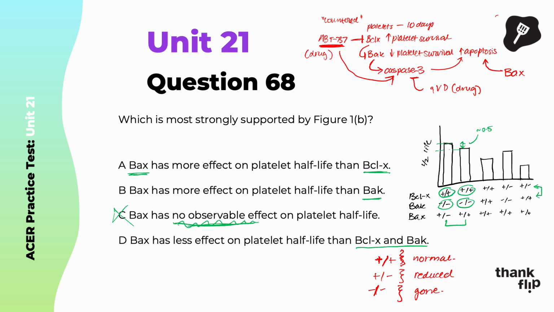Now let's compare it to BCLX, okay? So I'm going to erase this here to make it a bit less confusing, and I'll just leave that bit. So looking at BCLX, now we want to see what's the effect of BCLX, so then I can compare it to the size of the effect of BAX, right? So looking at BCLX, we have these two that are knocked down a little bit, and these three are normal.